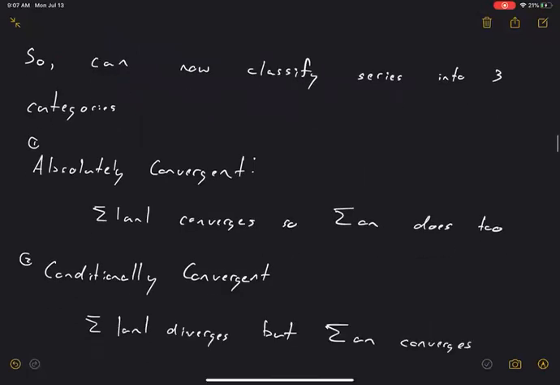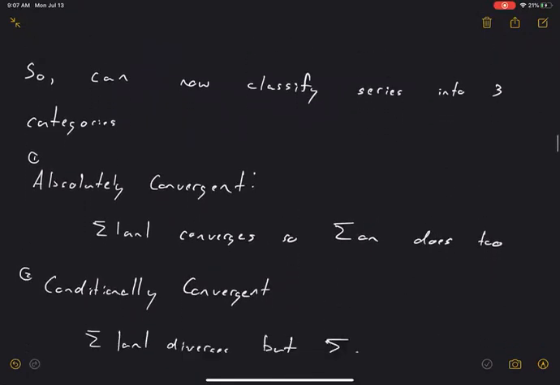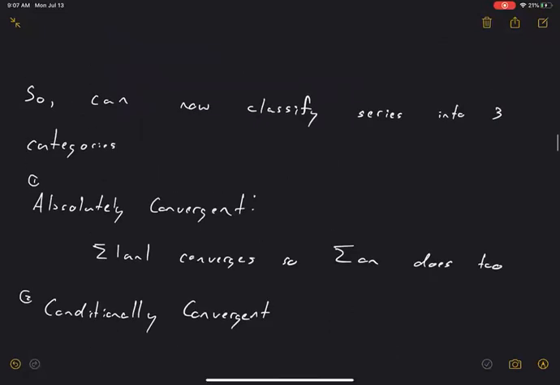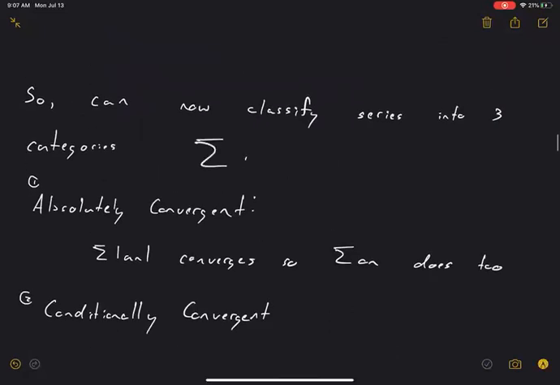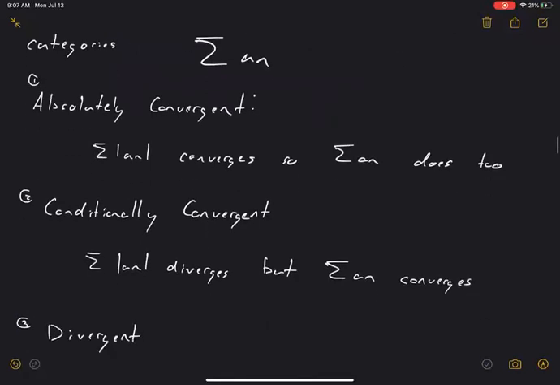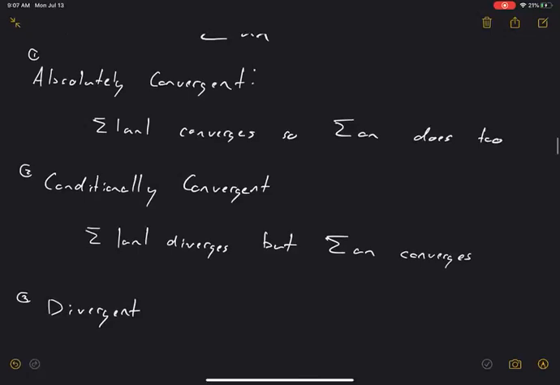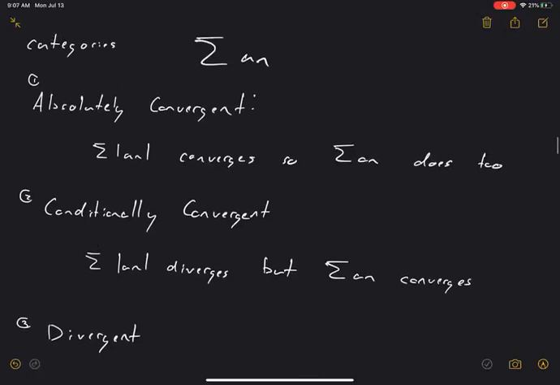So now we can classify all of our series into three categories, and you'll see a lot of questions asking you to work with these categories. We can now take a series a sub n, and we can ask, is the series absolutely convergent? Is it conditionally convergent? Or is it divergent? Okay.